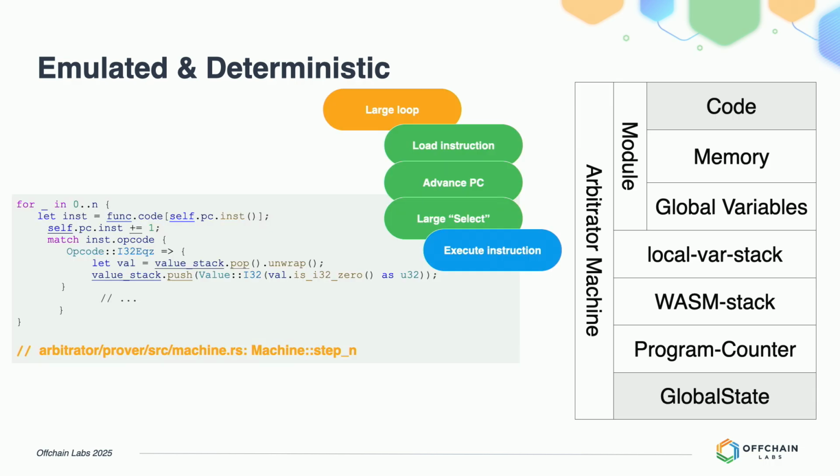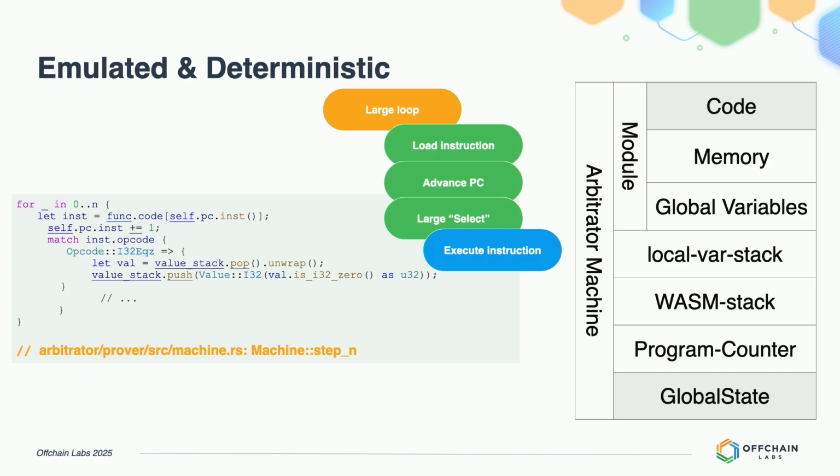And if you look in the code, in essence, the Arbitrator does exactly what you expect of an emulated machine, which is it has basically a huge loop. This loop fetches the next instruction that needs to be executed. It loads it. It advances the program counter, which is the pointer that says what's the next instruction that needs to be executed.